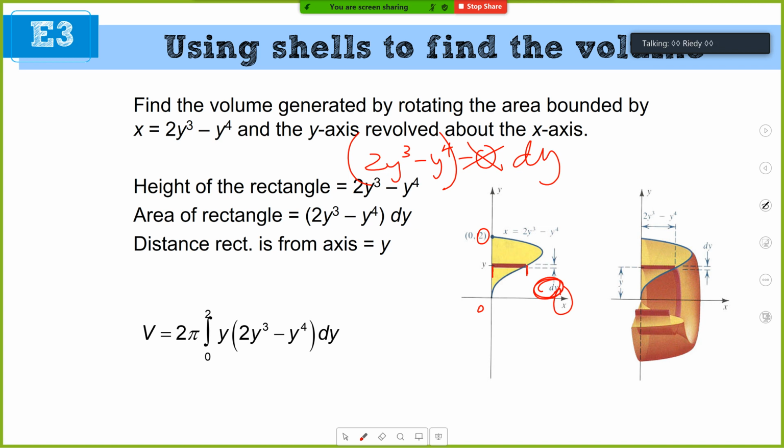Anybody? 13.4. Yes, I got the same thing. Good, 13.4. Now, why did I have you fn int that? Number one, for practice, but also, I must have mentioned this already: if you have to fn int something in terms of y, you can just do it in terms of x because it'll give you the same answer.